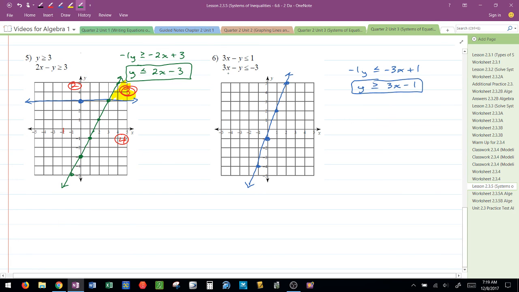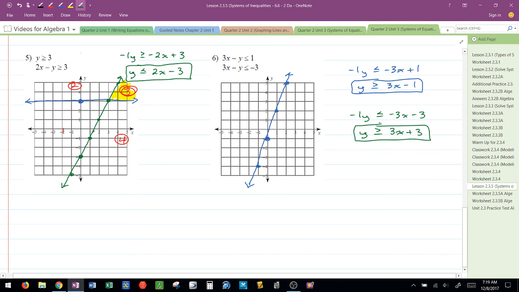I come over to another graph. The second one, 3x minus y is less than or equal to negative 3. I solve for y, so I have negative 1y is less than or equal to negative 3x minus 3. I divide by negative 1. That gives me y is greater than, I flip the inequality because I divided by a negative, and I get 3x plus 3.